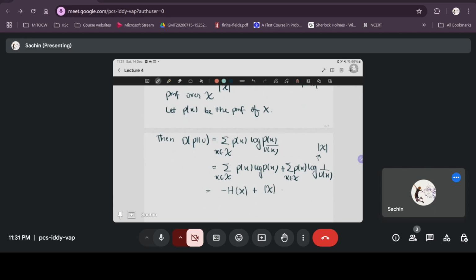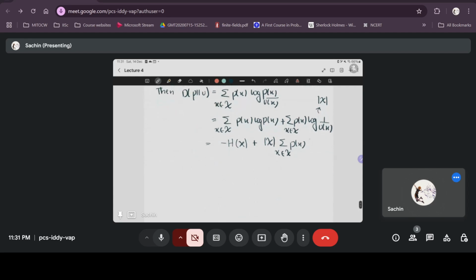So you can take that out and this will become summation over all x, p of x, and this quantity will go to 1. That sum is equal to 1. And there is a log here, I forgot. So this is log of cardinality of script x minus h of x.